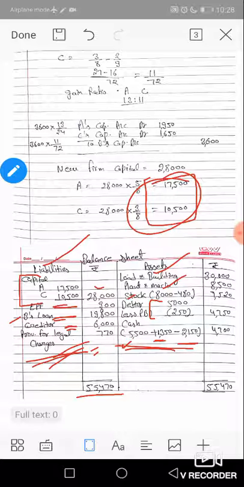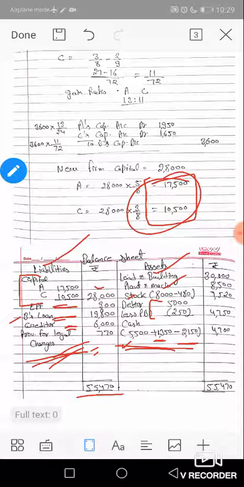Balance sheet given cash, balancing figure of A and C, all cash are adjusted. So opening balance of cash is 5,500, C brings cash 1,350 and A withdraws cash 2,150. So to cash minus and by cash plus, and net cash is 4,700, and both sides are equal with rupees 55,470. This is your numerical number 5.